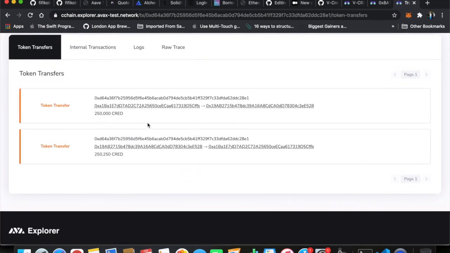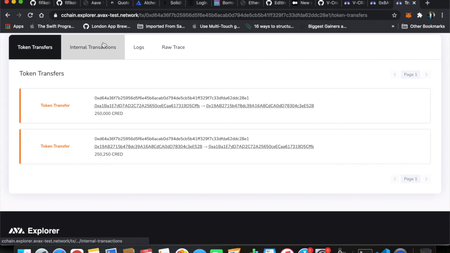This involved a token transfer of 250,000 Cred, which was the flash loan, given to the contract and then taken by the hacker. This could have been used for any transaction, for example, arbitrage or leveraged trading. Then the contract repaid the deposit pool contract the loan, which was 250,000 Cred, plus the fees, which was 250 Cred.